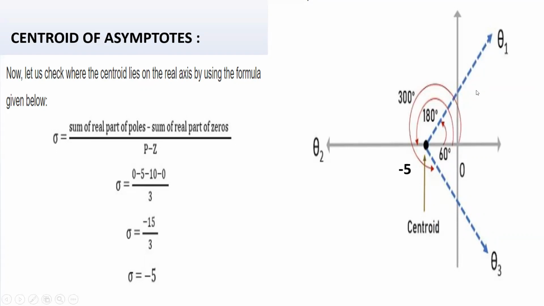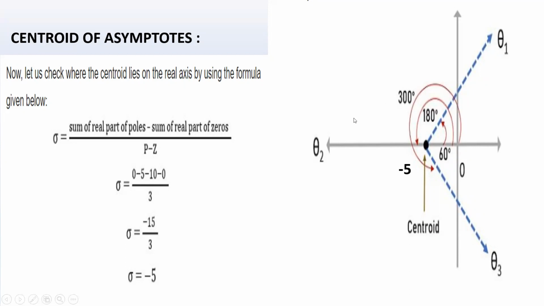So for touching the imaginary axis, we need to find out the auxiliary polynomial. If we have a pole or root on the imaginary axis, what that means is the system is marginally stable.